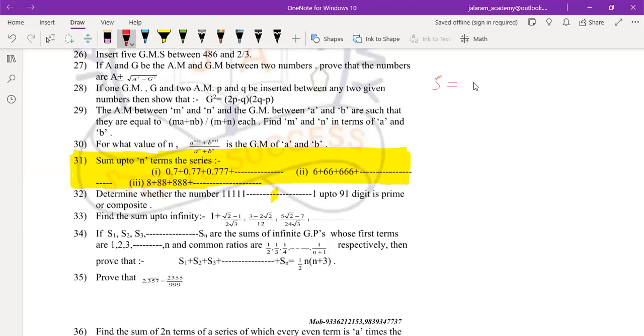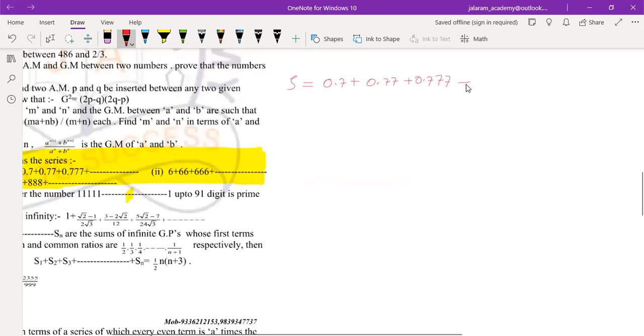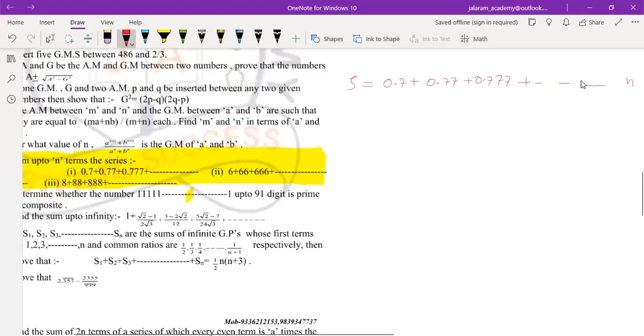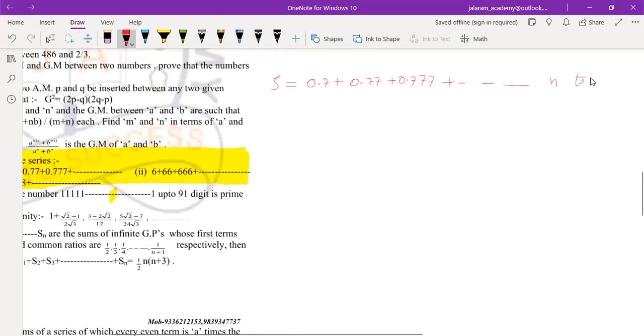First we write S equals 0.7 plus 0.77 plus 0.777 and so on, up to n terms. S is the notation for the sum, and we have to find it only up to n terms of the series.